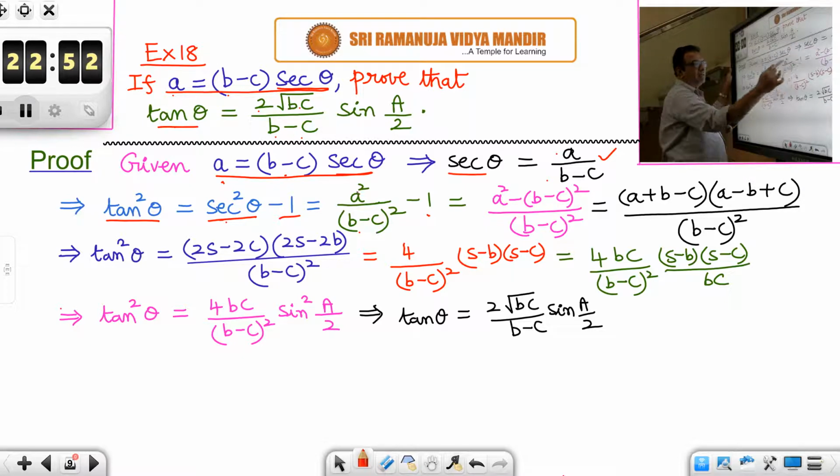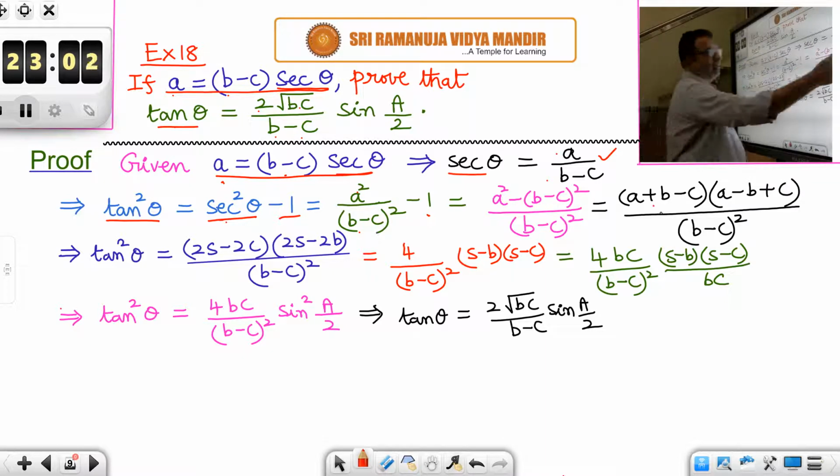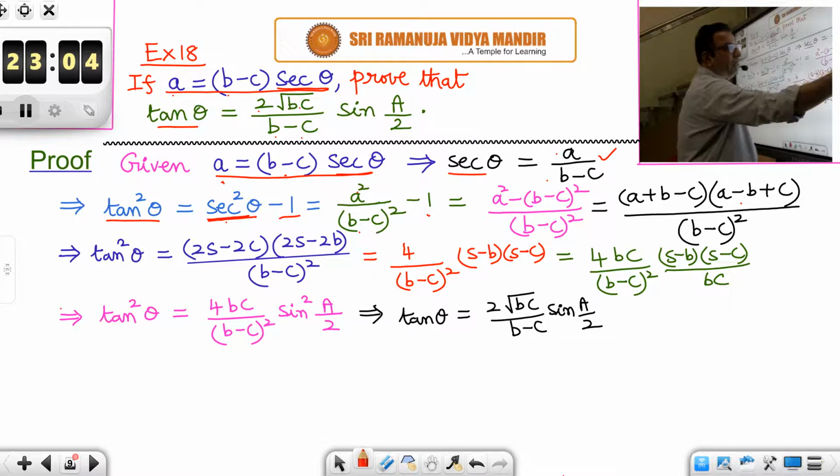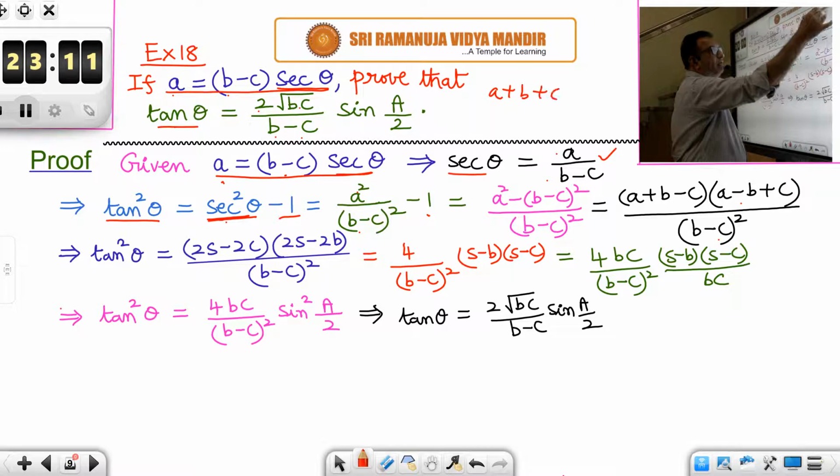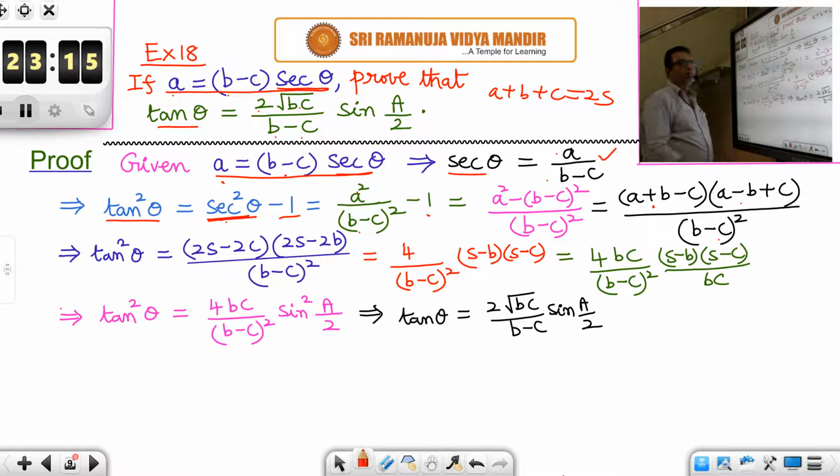Take LCM. So a square minus (b minus c) whole square by (b minus c) whole square. Numerator is in the form x square minus y square, so (x plus y) into (x minus y). Denominator is same. But a plus b plus c we call 2s, because a plus b plus c by 2 is called semi-perimeter, denoted by s.